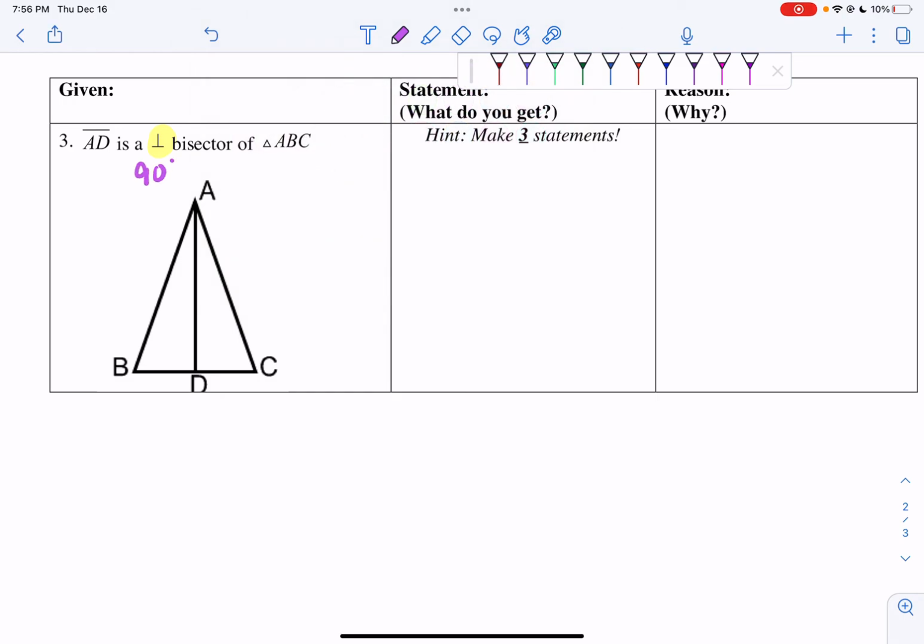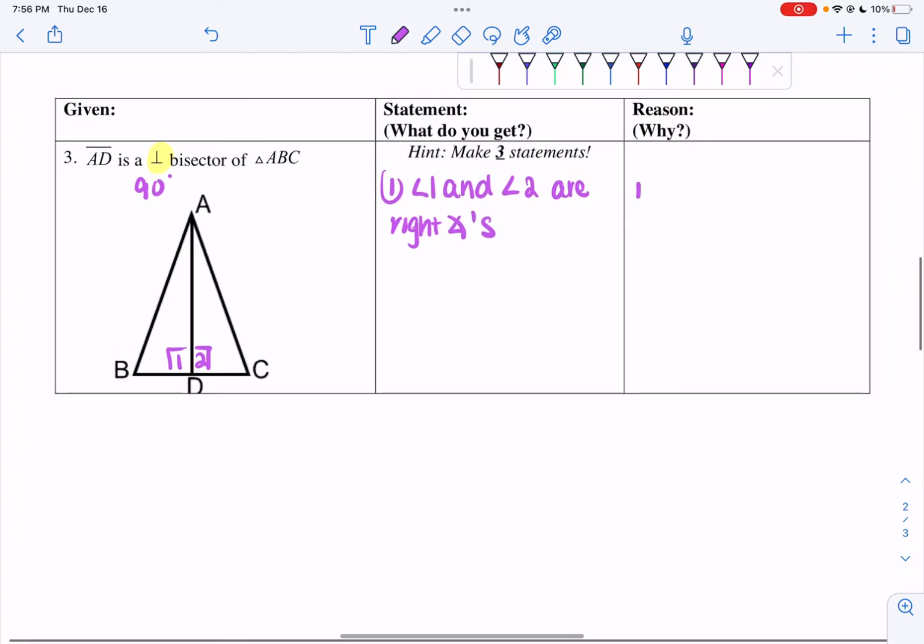So if I look, at what point are my right angles? Very good, they're at D. So I'm going to put a 1 and a 2. I'm going to say angle 1 and angle 2 are right angles, and my reason could be perpendicular bisector creates right angles.